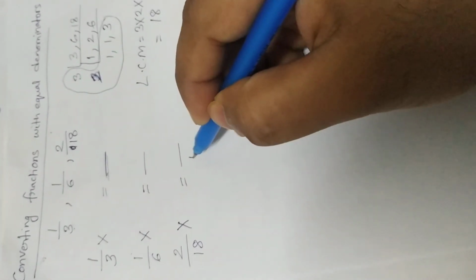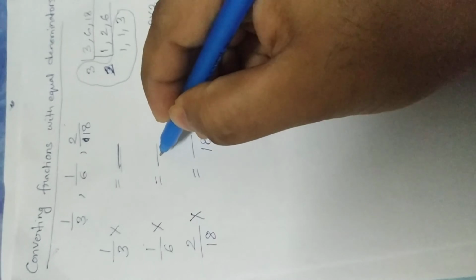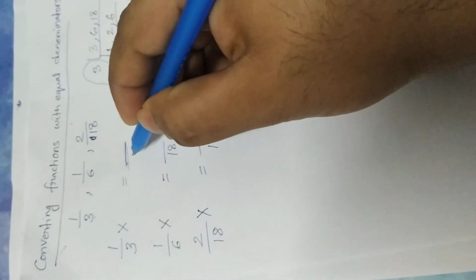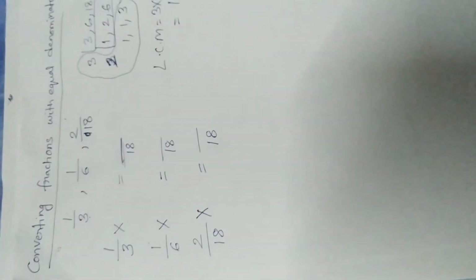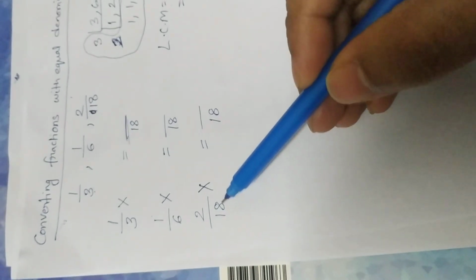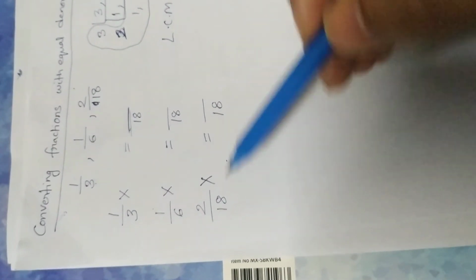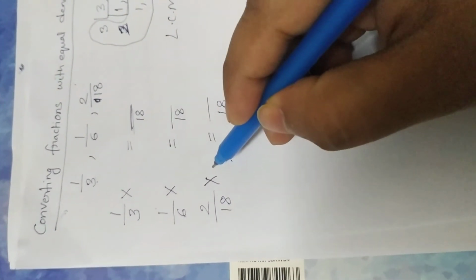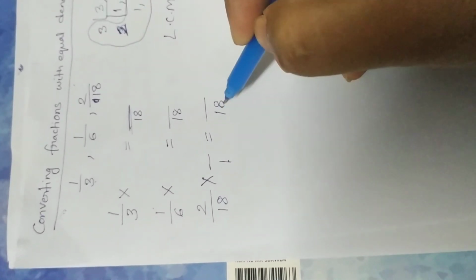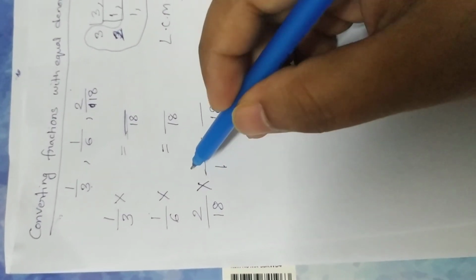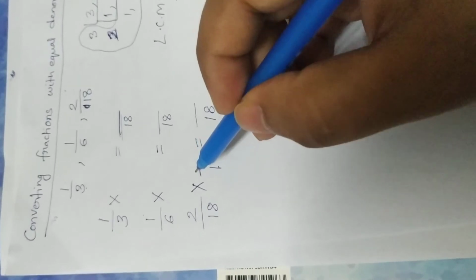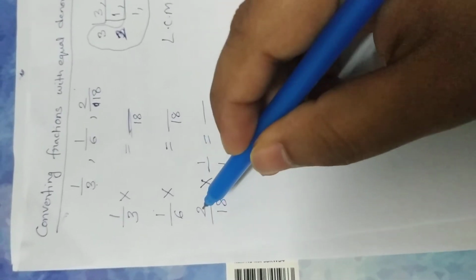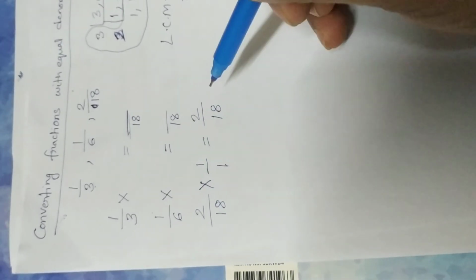So 18, 18 and 18. 18 into what is 18? 18 into 1 is 18, right? We need to multiply the numerator also with the same number. So 2 into 1 is 2.